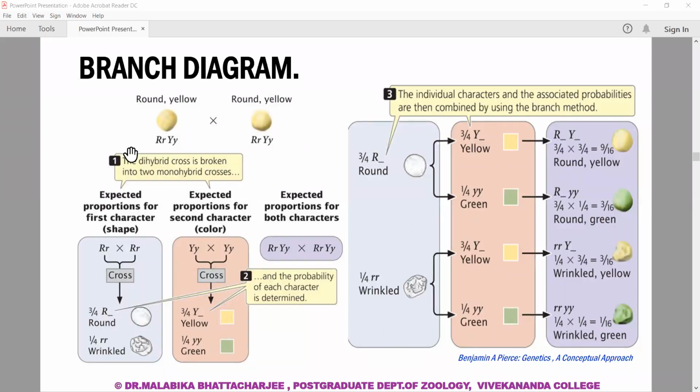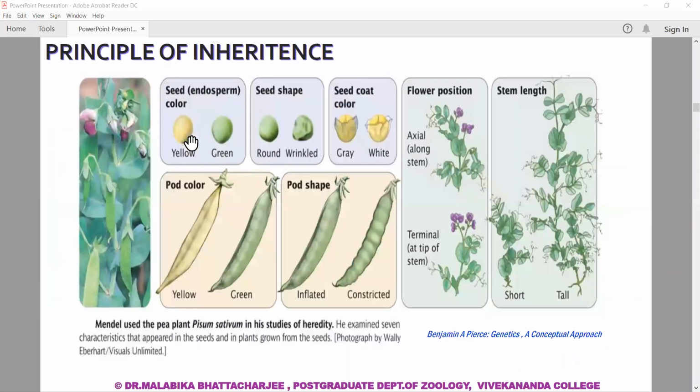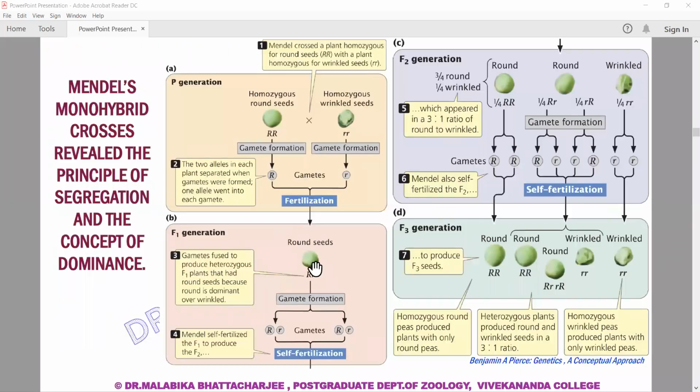Now let's understand this here. When we are thinking about the round, since these two characters have assorted independently, we can identify these two characters in separate manners and in separate crosses. So let us assume we did this cross earlier. Think of the Mendelian monohybrid cross. So what was the cross?